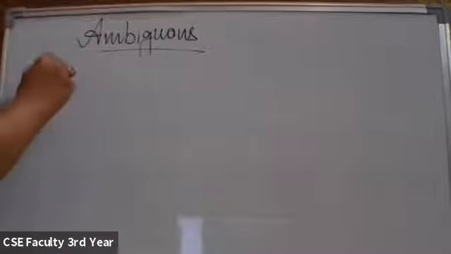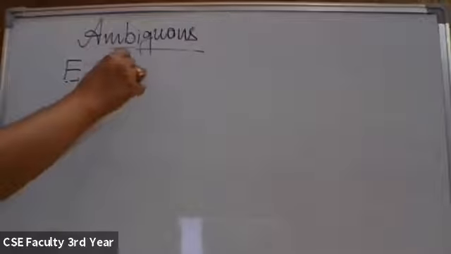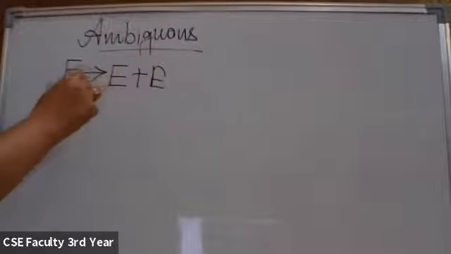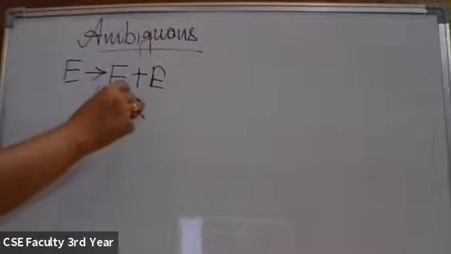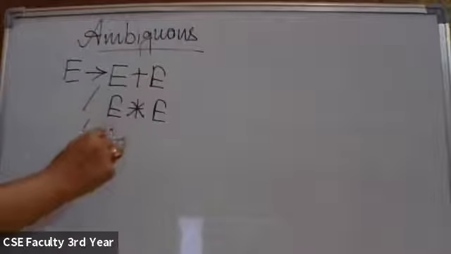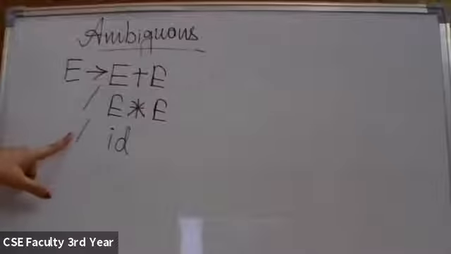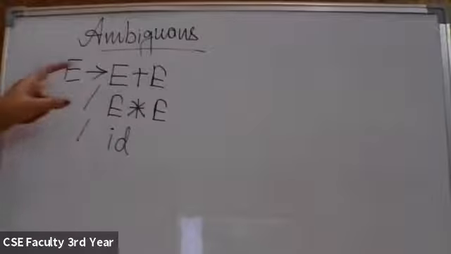So the grammar that we have seen yesterday: E derives E plus E or E into E or ID. Whenever you see something like this with or, this means all these productions you can get from E. These are not anything different.